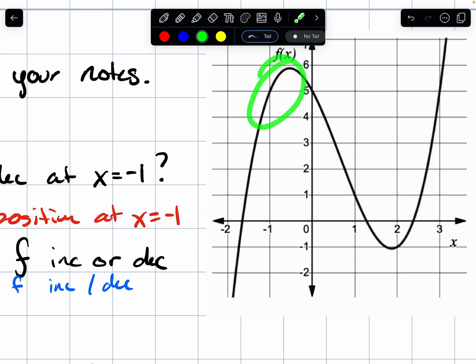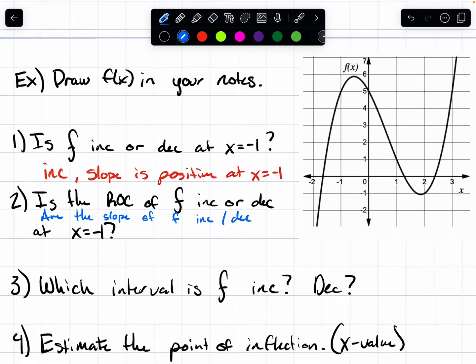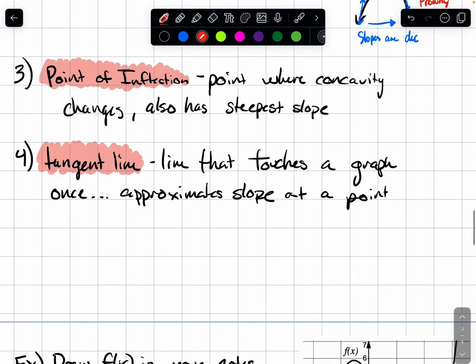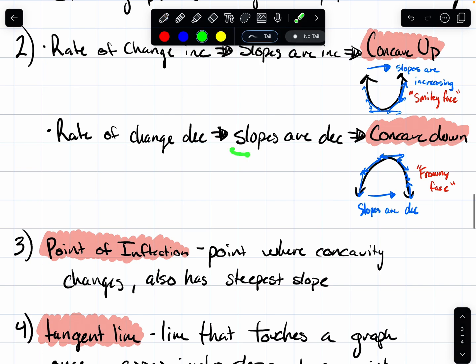So what does concave down tell me? Concave down tells me that my slopes are decreasing. We could remember this. My slopes are decreasing. It's concave down.